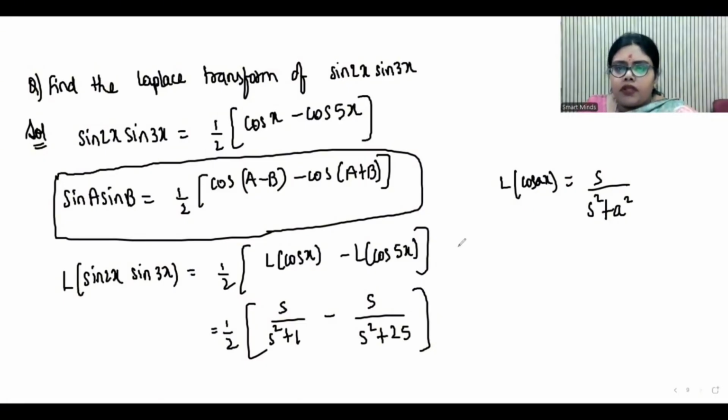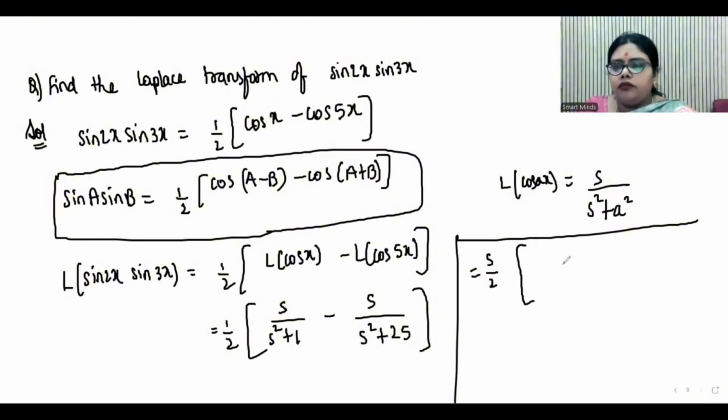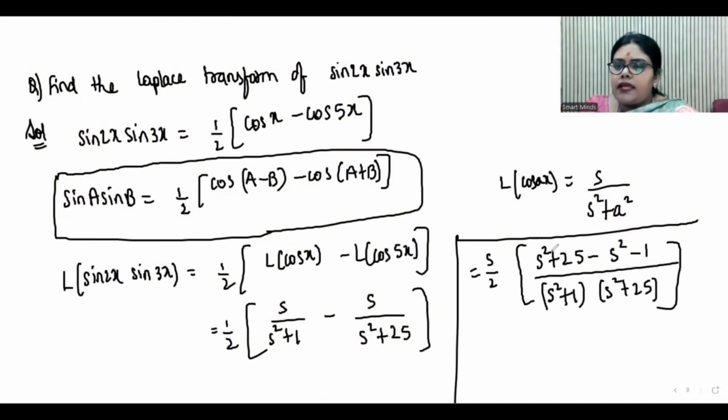Okay. So if you take the LCM here, what do you get? s by 2 into, cross multiply, (s square plus 25 minus s square minus 1) by (s square plus 1) into (s square plus 25). s square minus s square cancel.